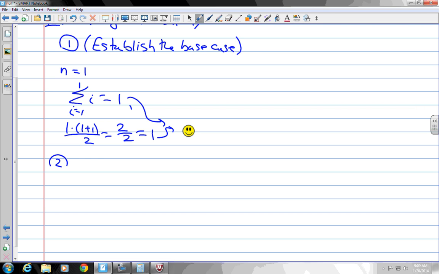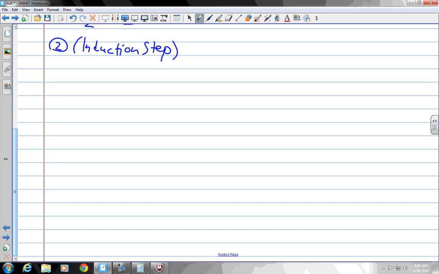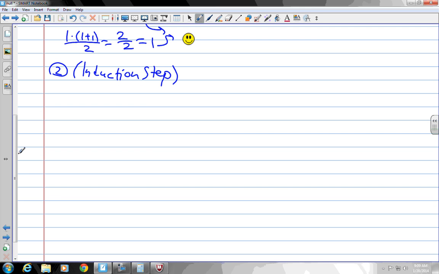So the second step, the induction step, this is where we assume that our proposition is true for some natural number k. So that means assume that the sum of all natural numbers from 1 to k equals k times k plus 1 over 2.